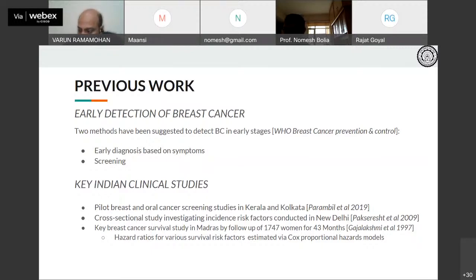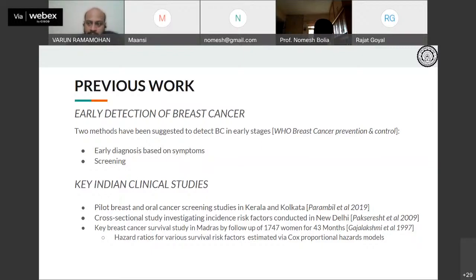So one of the things that we wanted to do was to create a simulation model of breast cancer incidence, progression, diagnosis, and survival that can be used not only to figure out the optimal screening interval for patients, but also for evaluating treatments and diagnostic interventions.